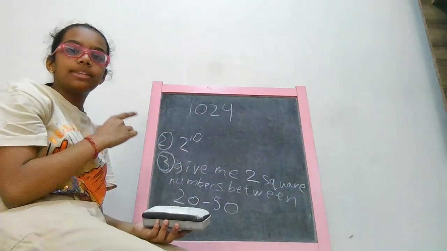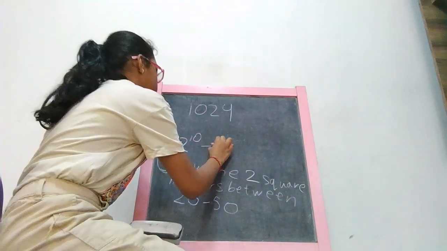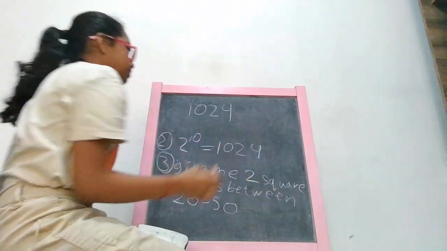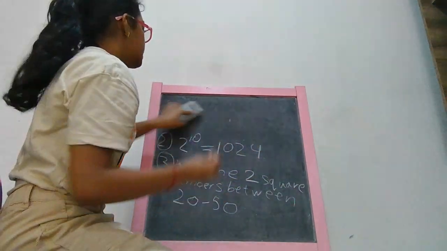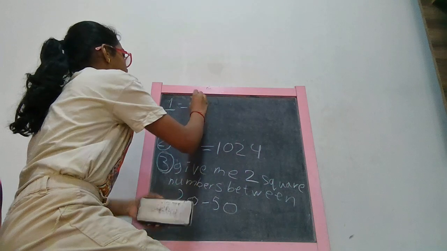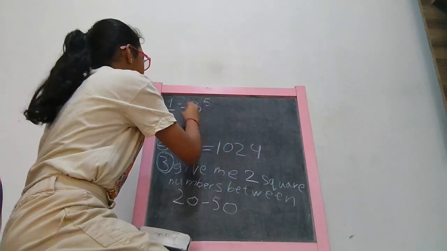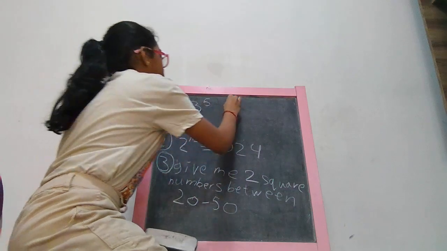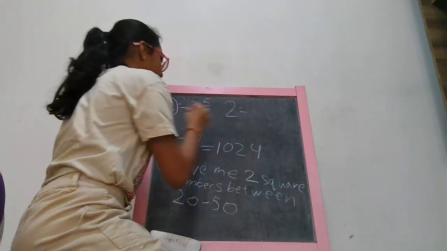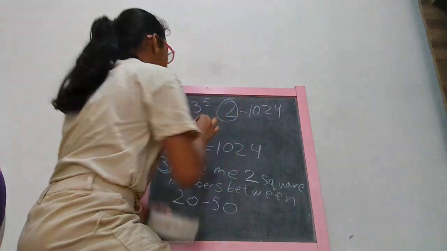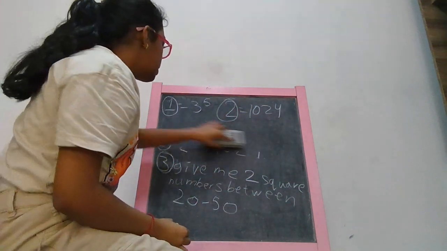That's the answer, 1024. So 2 to the power of 10 is going to be 1024. So question number 1's answer, 3 to the power of 5. Question number 2, 1024. Now let's do question number 3.